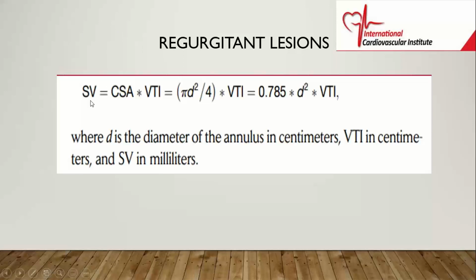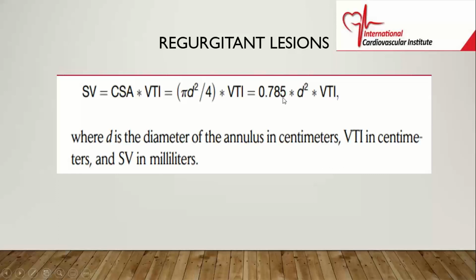So stroke volume is cross-sectional area times VTI. We're talking about the area. We assume that the area of these valves is circular. So the area of a circle is pi r squared, which is d squared over 4. And when you simplify that, pi is 3.14.